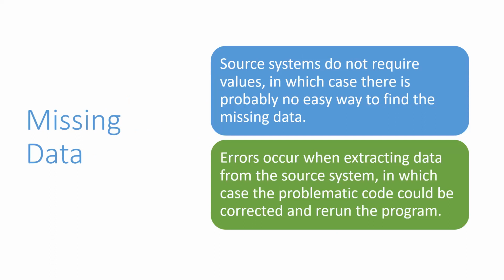So missing data can be like a source system does not require a value, in which case there is probably no easy way to figure out the missing data.